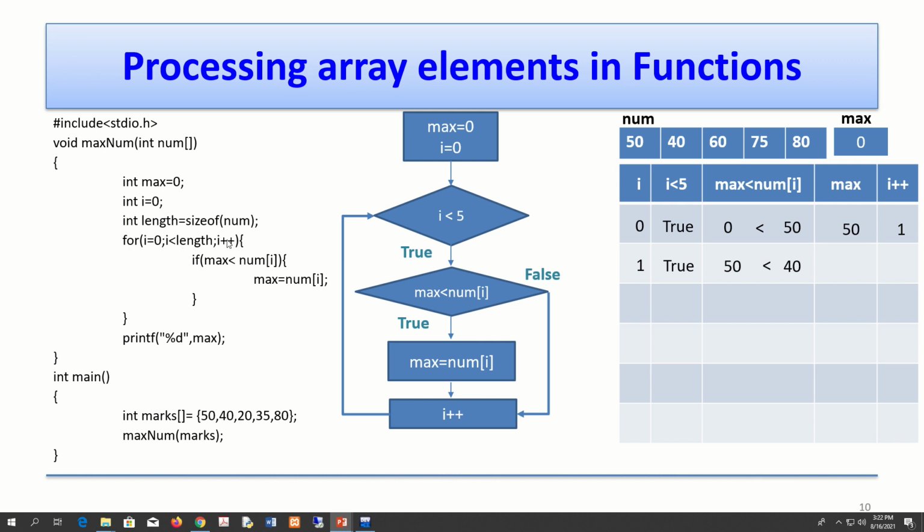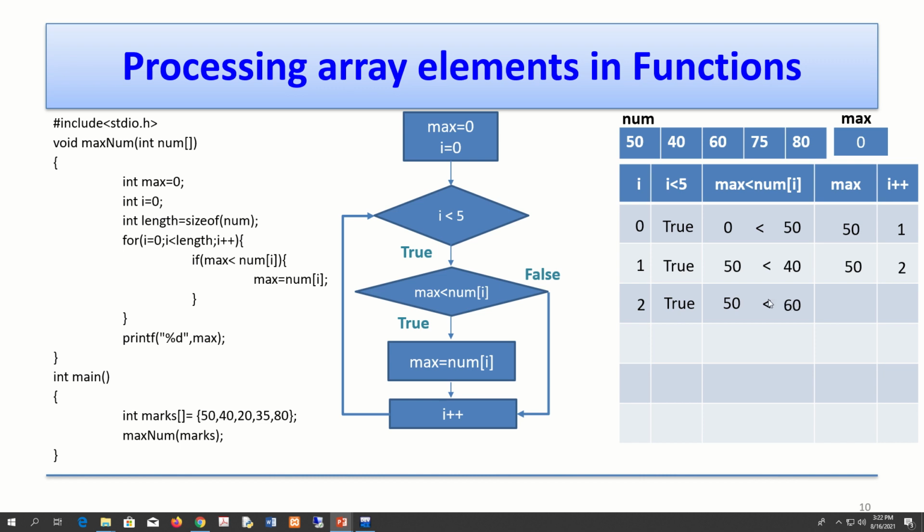That means go to the I plus plus. The maximum value is not changed, it is still 50, and I becomes 2. Then 2 less than 5 is true. Then num2, the second index, that is the third element of the array, is 60.